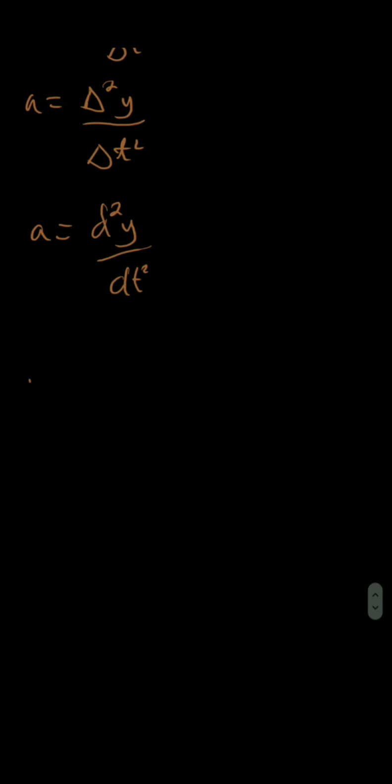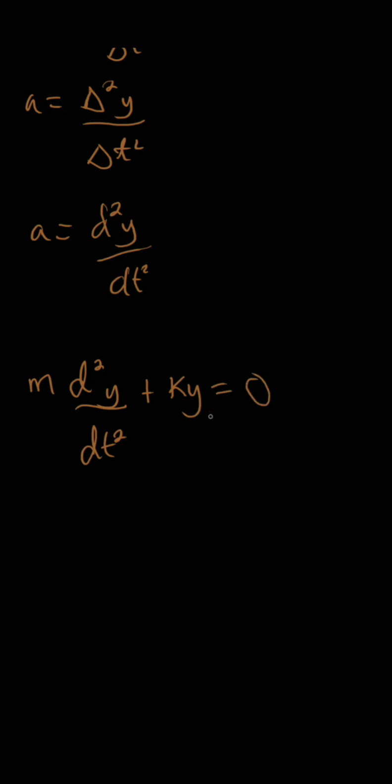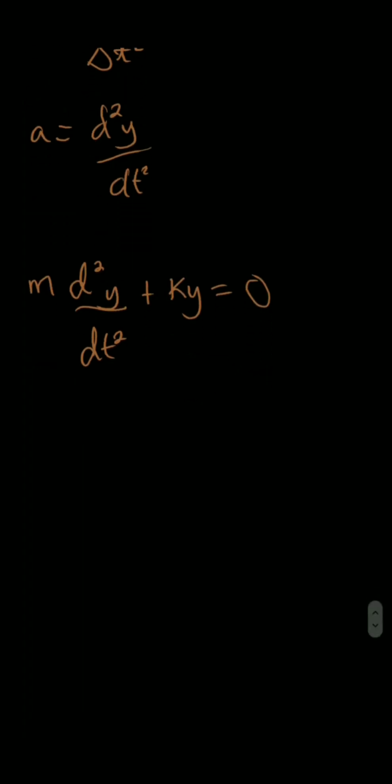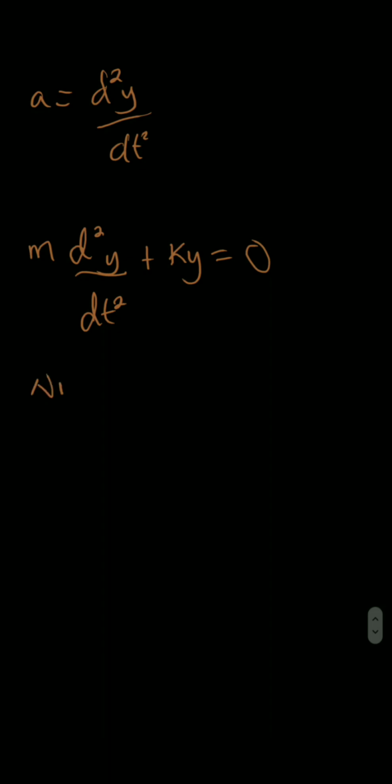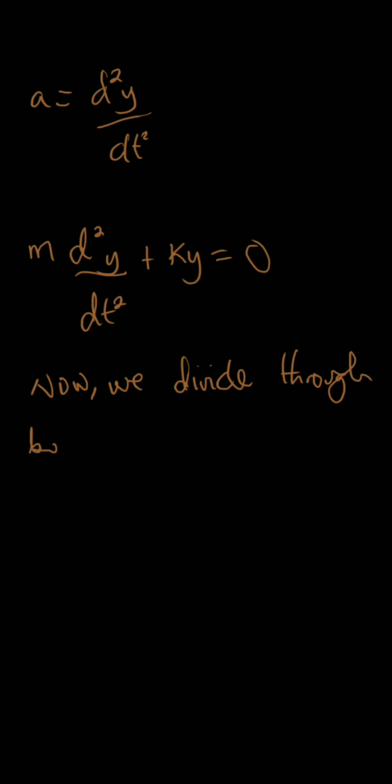Now this is what we're going to substitute in our equation ma plus ky equals 0. So we have m times the second derivative, which is the same as acceleration, plus ky, which is equal to 0. Now we divide through by m, so that the second derivative has a coefficient of 1.